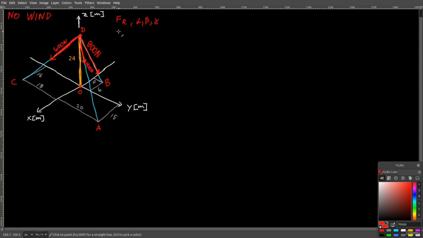And we have to find it with respect to this point D. So you have your point D, you have some kind of FR. This is the new coordinate frame whose origin is in point D. And then you have to find your alpha, beta, and gamma. So that's what we need to do.